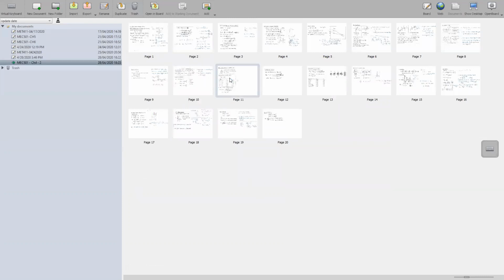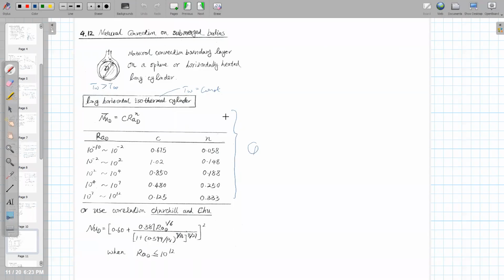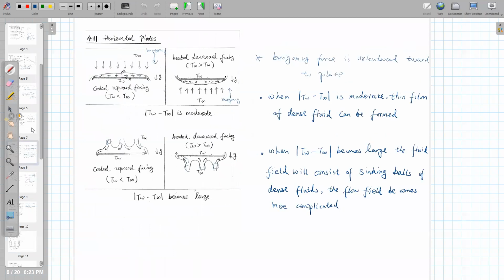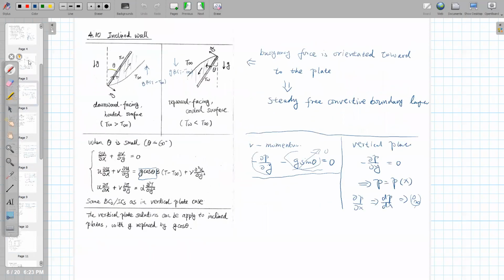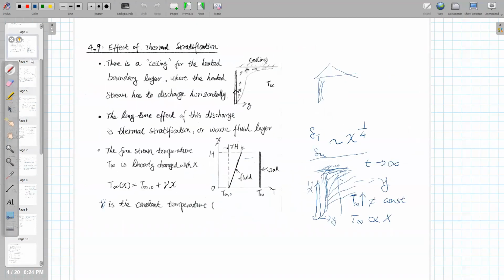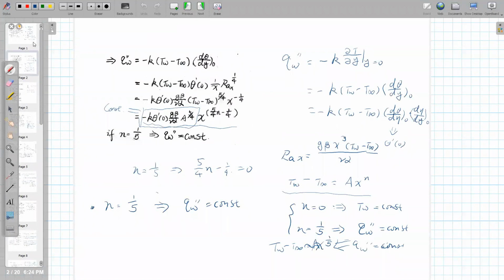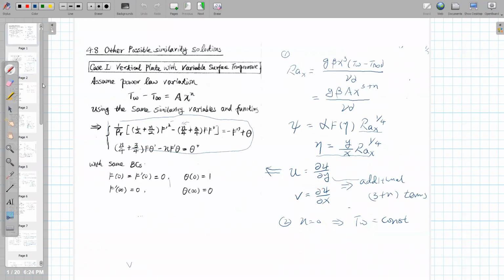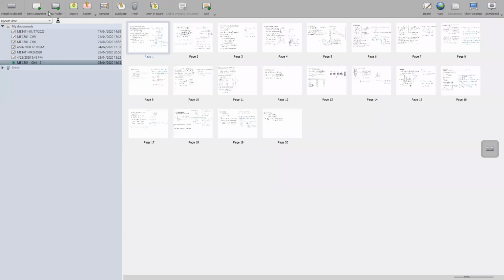Like you remember when we talked about how the friction is, what the Nusselt number will be. This is one example. Do I have another example? Vertical plate. Let me open another one.